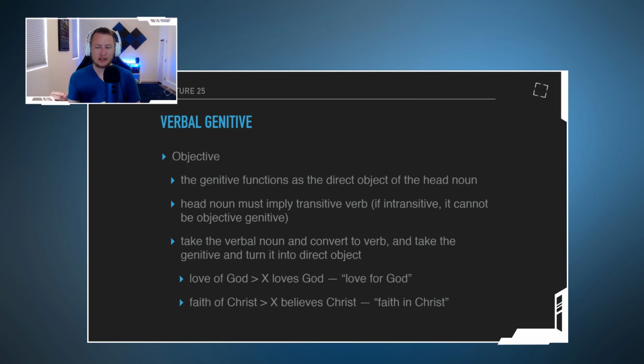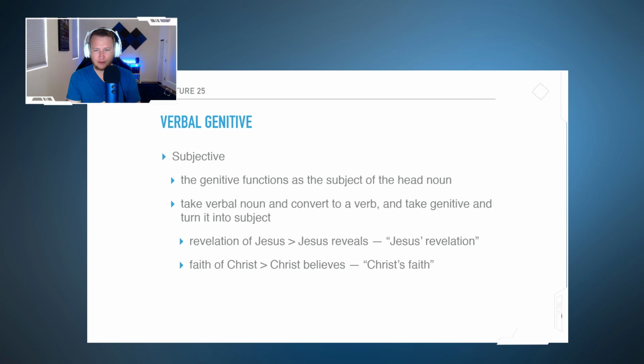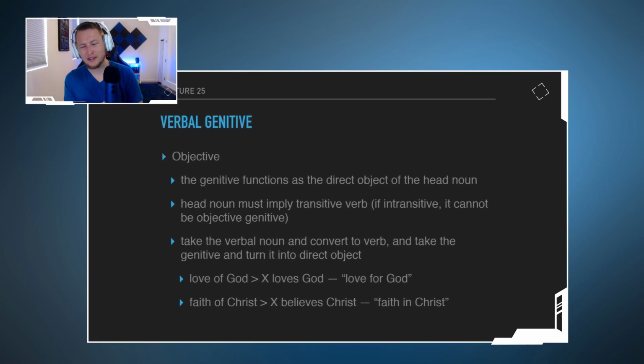And then you end up translating it faith in Christ. Faith of Christ could be translated objectively, faith in Christ, or subjectively, Christ's faith. So it's either Christ's faith or faith in Christ. Objective versus subjective. And depending on the context, that's important.